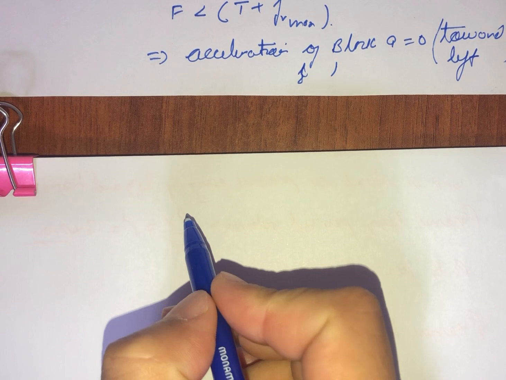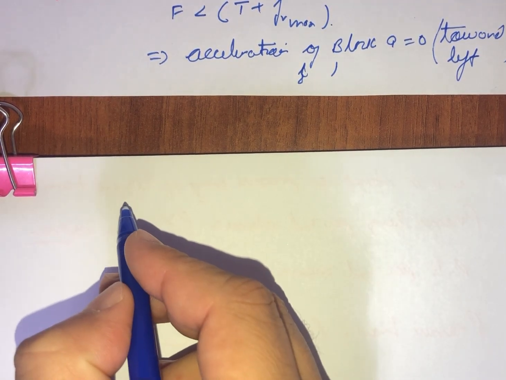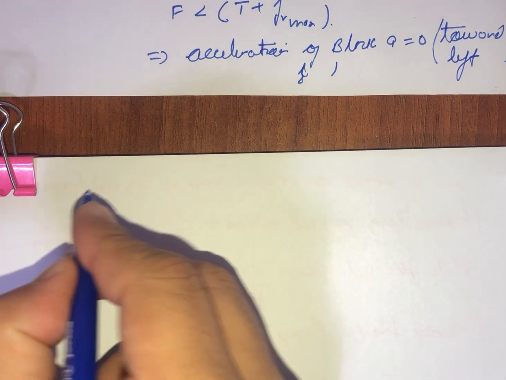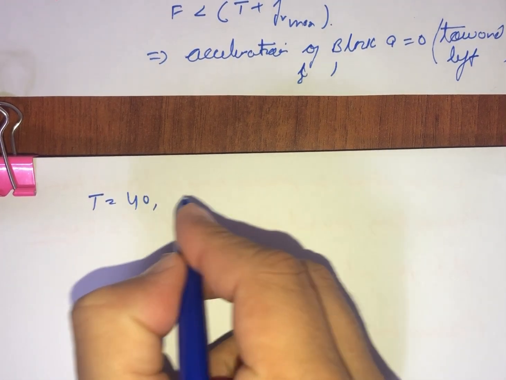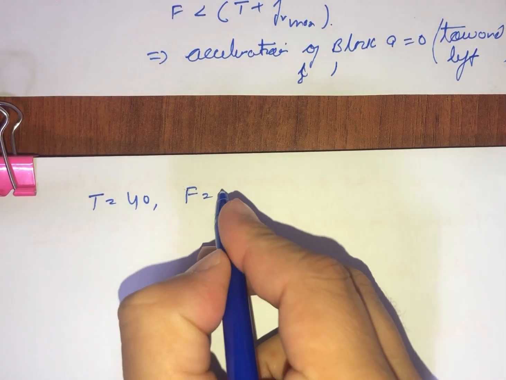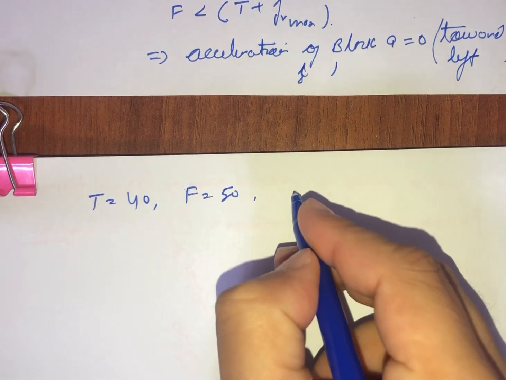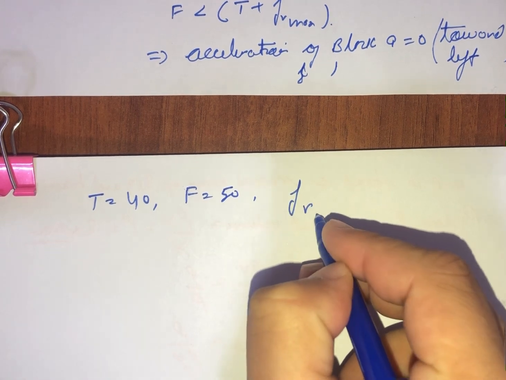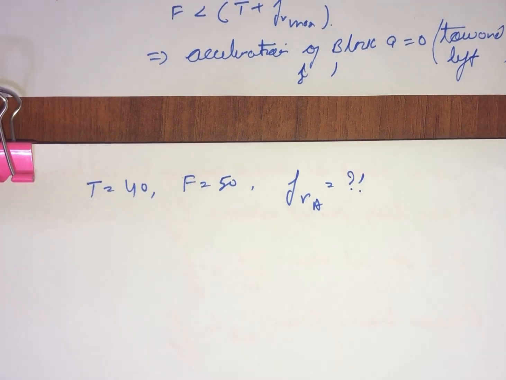We already know that tension T is 40 Newton, applied force is 50 Newton, and let us say the value of friction which we are going to find out is Fr, which we are required to find out.